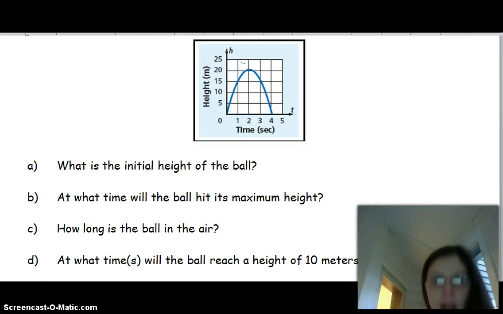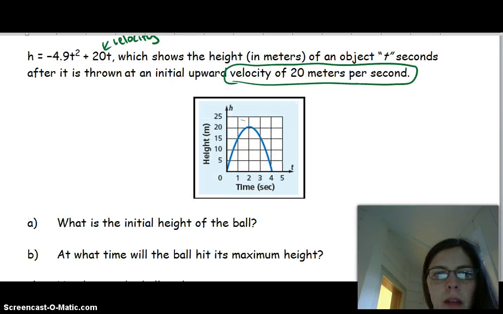Okay, looking at this example, using our equation, we're looking at an object that was thrown upwards at a velocity of 20 meters per second. It says, what is the initial height of the ball? So we go to our graph and look at where it starts.